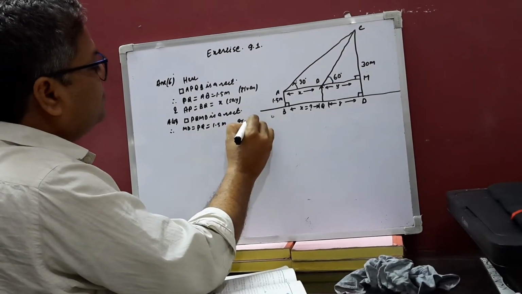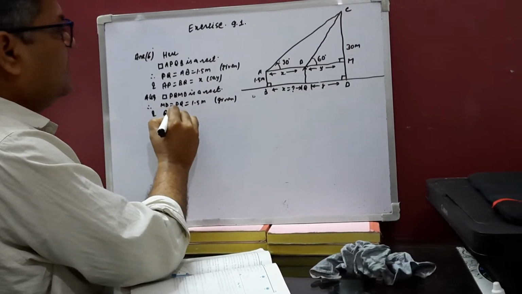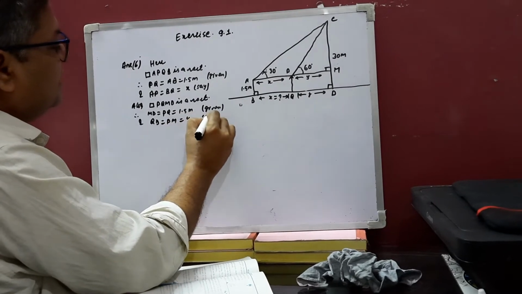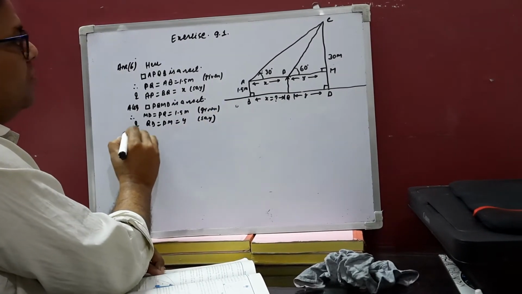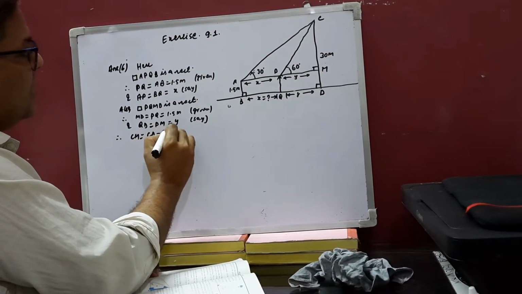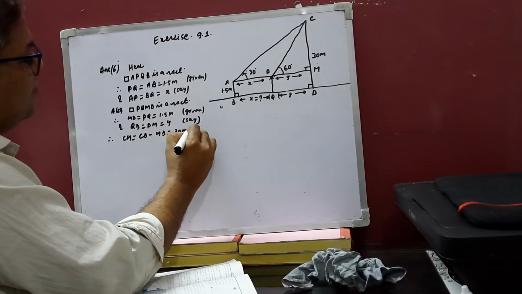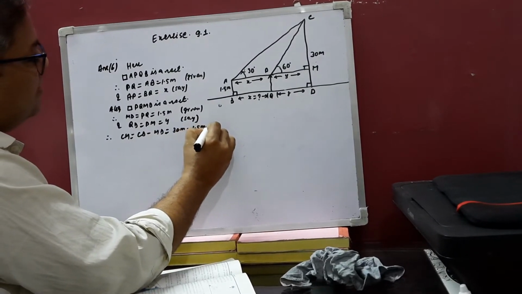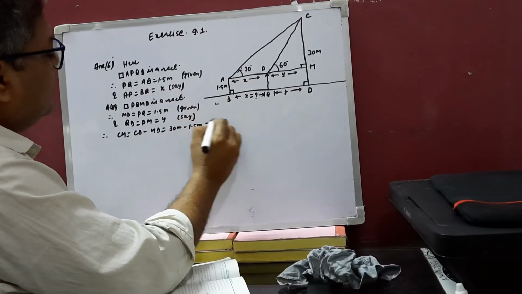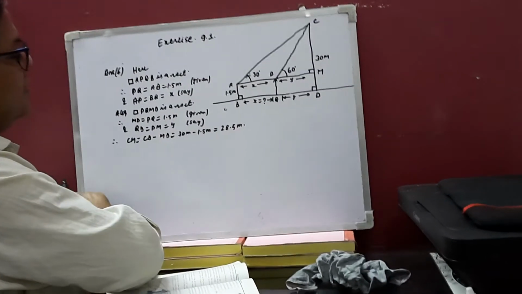This is given, and QD is equal to PM is equal to Y. This is C. Therefore CM is equal to CD minus MD is equal to 30 meter minus 1.5 meter, that is 28.5 meter.